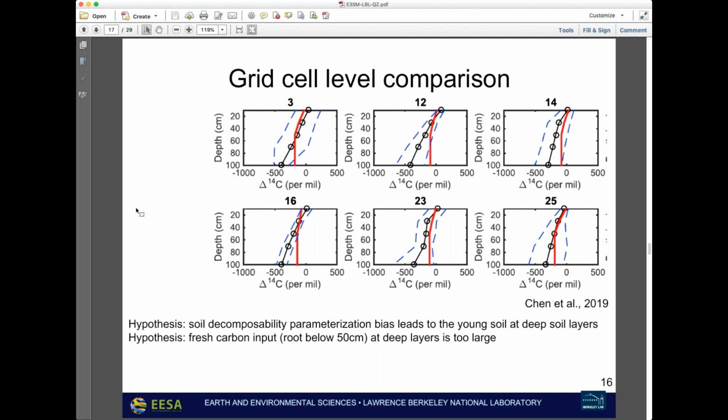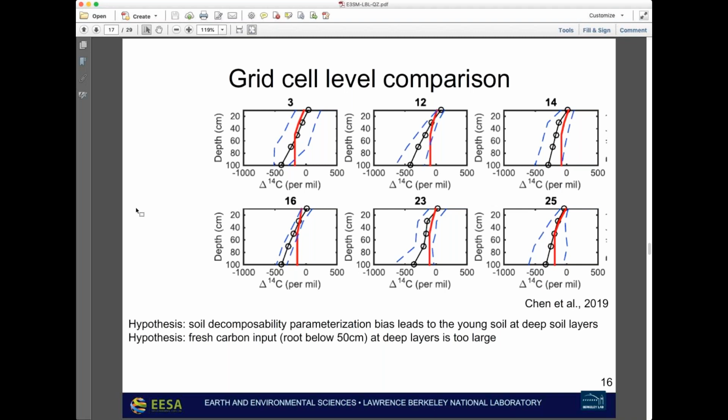So again, we have this issue consistent with other Earth system models, and we hypothesize that the soil decomposability parameterization, mainly the Z-tau parameterization scheme, leads to the young soil at deep soil layers. Meaning we might want a different Z-tau at deeper soil, if that's helpful.